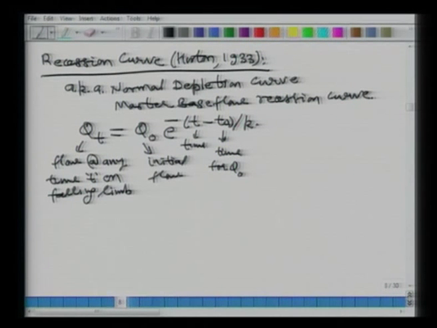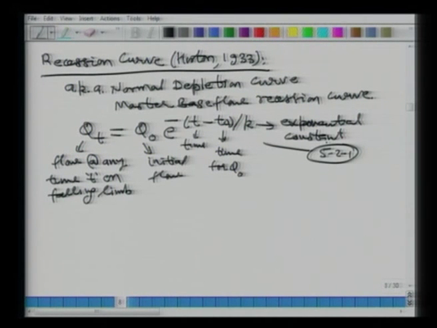And K is called an exponential constant. Okay. And we'll name this equation 5.2.1 as per the convention we have been following from Ven Te Chow's book. Okay. This equation is based on the assumption of the catchment behaving as a linear reservoir.